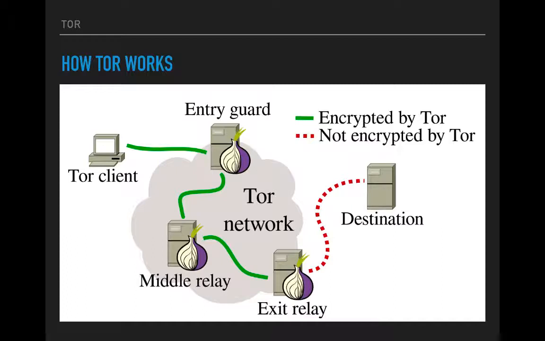Then it comes to the exit relay. Between the client and the exit relay, the data is encrypted by Tor. But between the exit relay and the destination web server, the data is not encrypted. It's in plain text. Also, between the entry guard and the exit relay, there are a lot of middle relays.